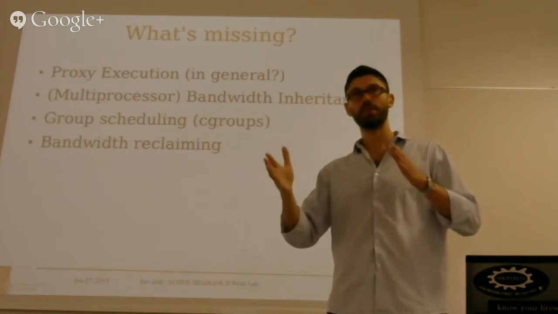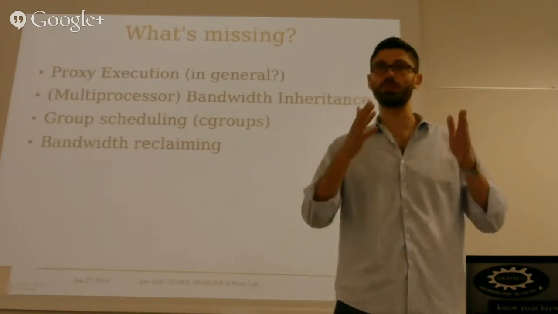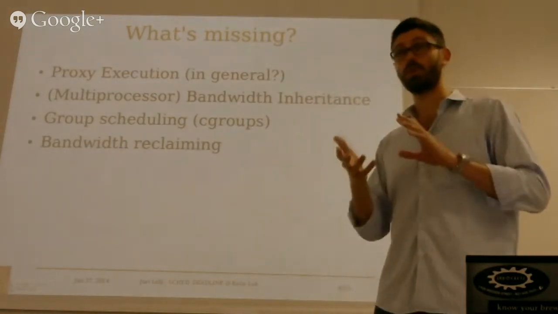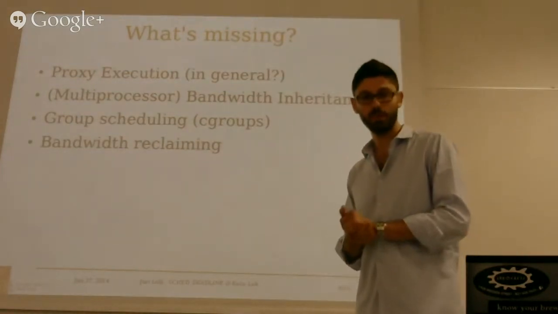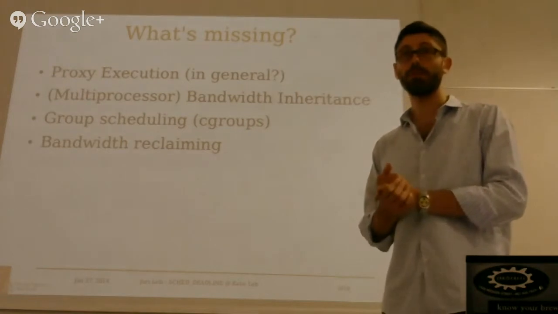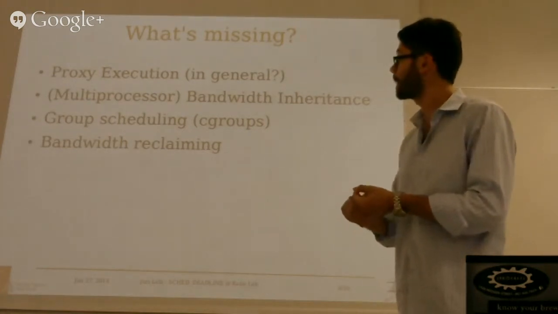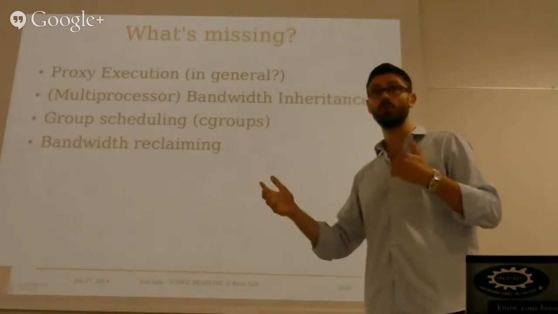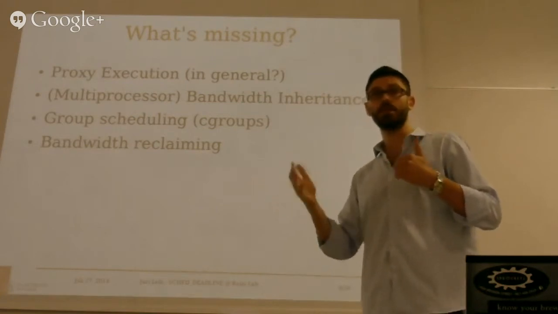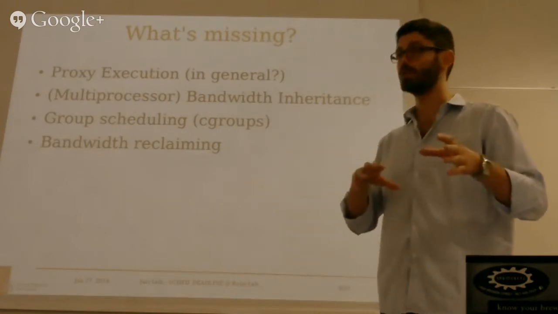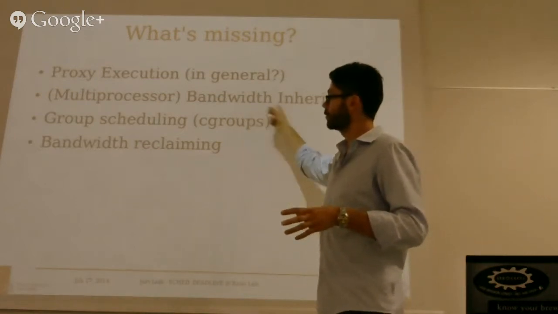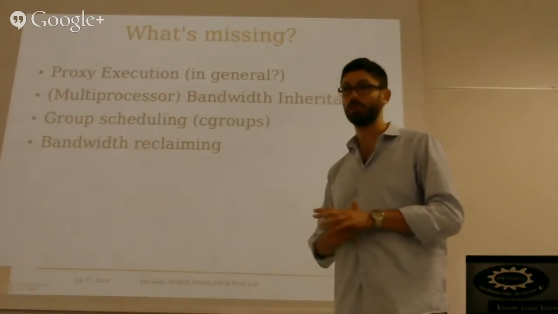So if you restrict certain processes to run on certain CPUs, and those problems, I can refer you to papers by, for example, Bjorn Brandenburg, should be resolved with proper proxy execution also for static priority tasks. So we can then use that, once implemented, to implement the multiprocessor bandwidth inheritance.